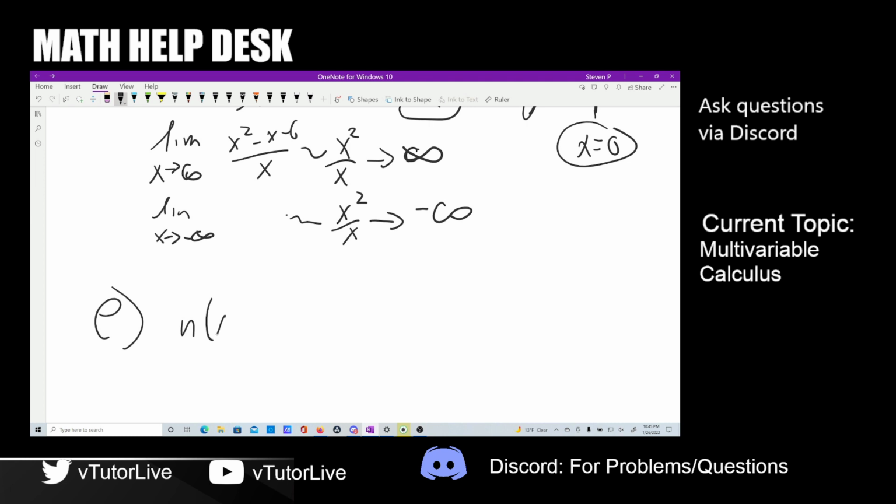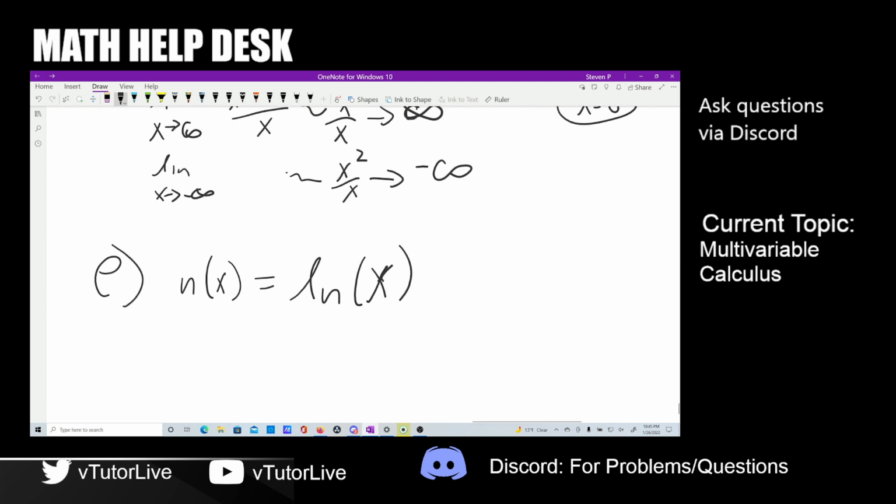This one's kind of interesting. It's the natural log. The natural log kind of looks like this, right? So the natural log of 0 does not exist.